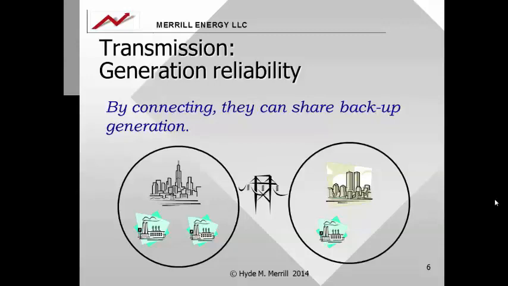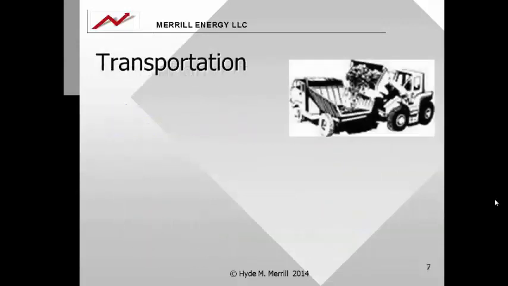These concepts are easy. I'd like now to talk about some more difficult ones. First, it's important to understand that electric power transmission is not transportation. The transmission system is not a transportation system. Here's a transportation system.